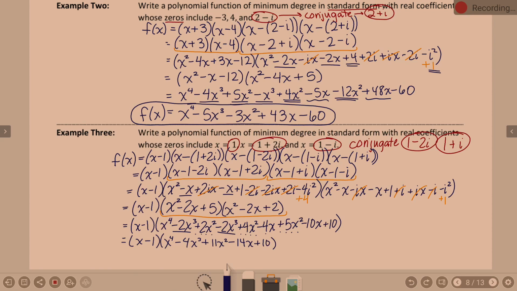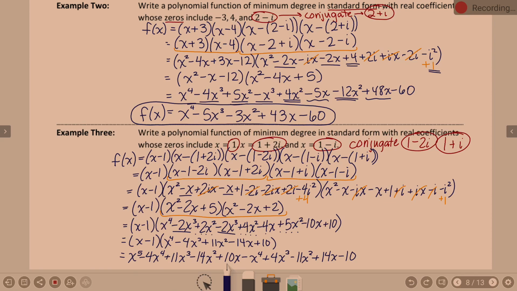And then I'm going to distribute my x and distribute my negative 1. x to the fifth minus 4x to the fourth plus 11x to the third minus 14x squared plus 10x. So each of my powers went up 1. Now I'm going to multiply by negatives, so minus x to the fourth plus 4x cubed minus 11x squared plus 14x minus 10.